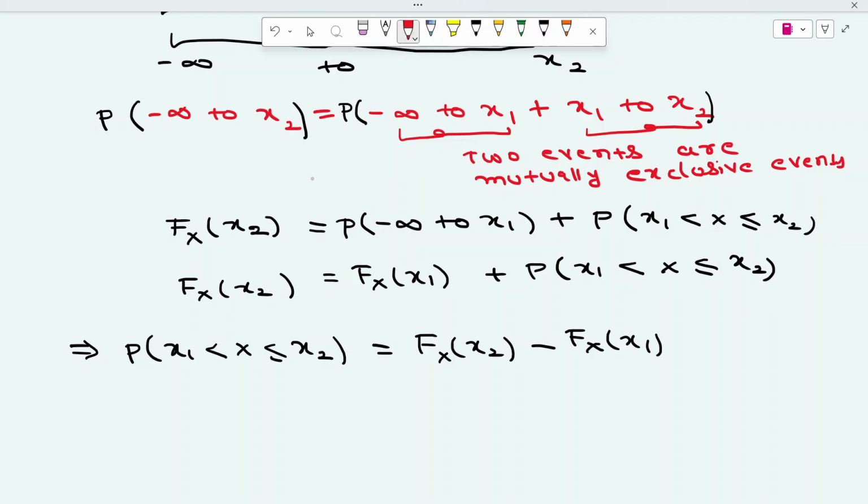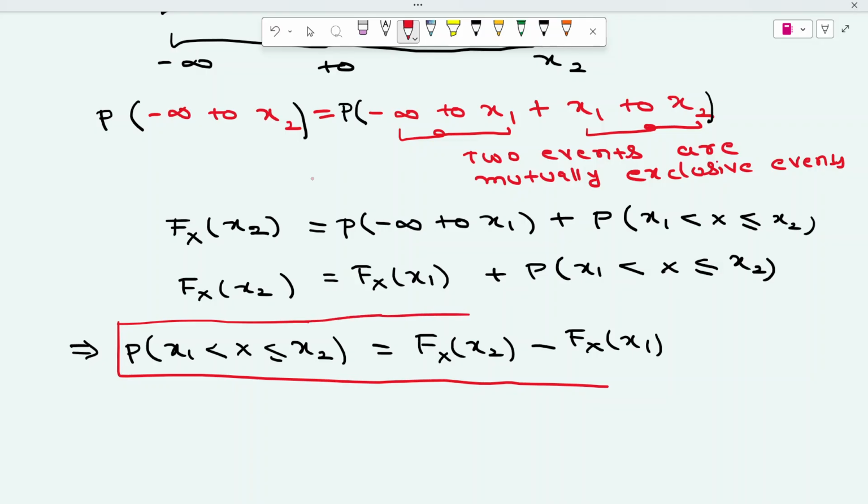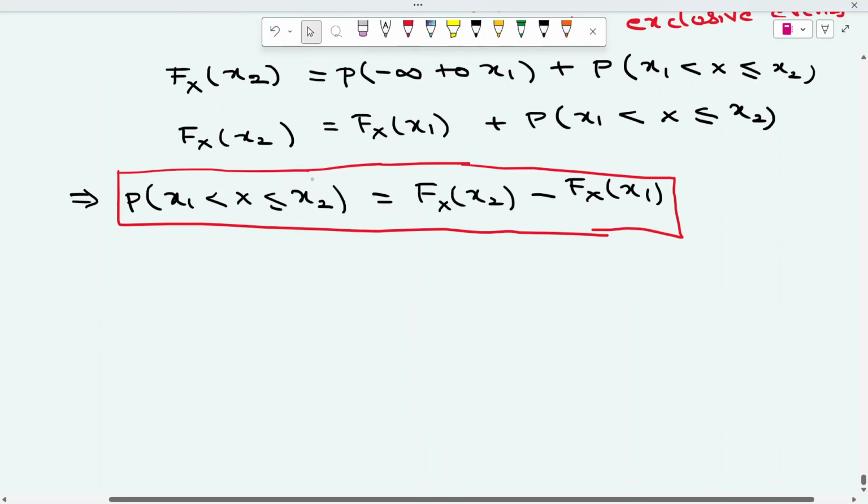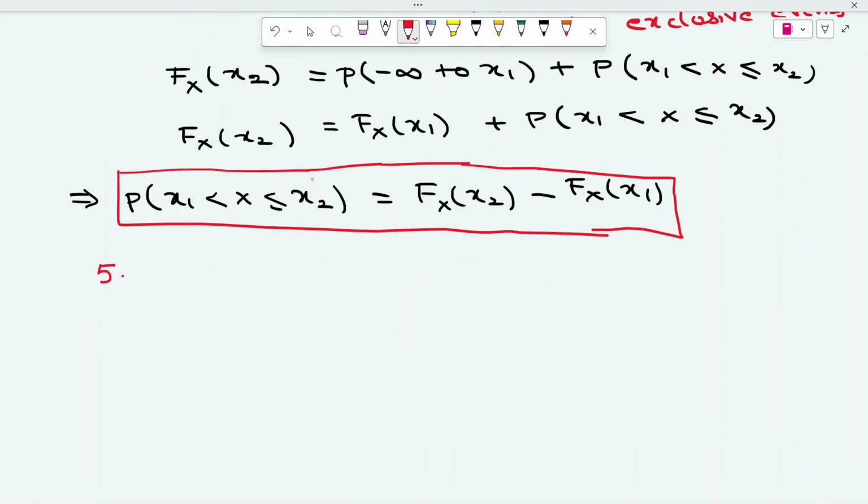So this is the proof of the fourth property, and this is very useful in solving many problems.